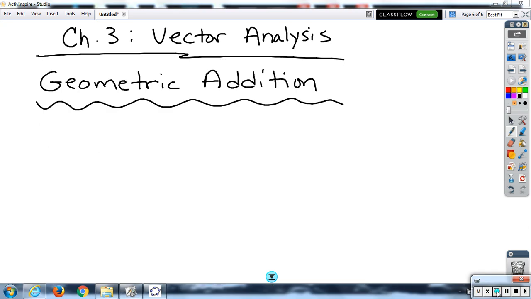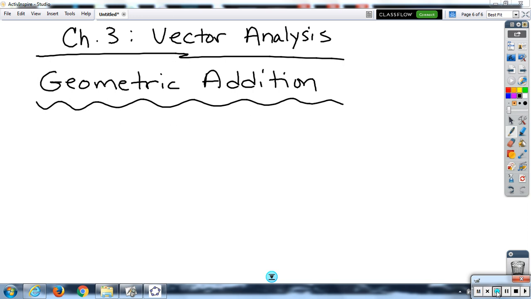So the first thing you learn in vector analysis, just like you would with scalars back in first grade, second grade, is you want to add two numbers together. Now with vectors, everything is just a little bit more detail oriented.